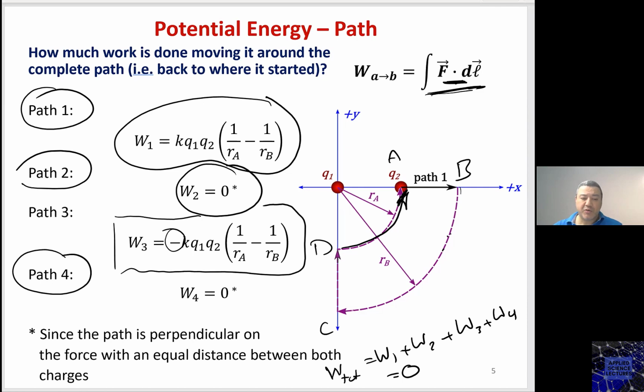That means that the total work done by this field to take this charge Q2 all the way through this path and come back to the same initial location will result in a 0 work.